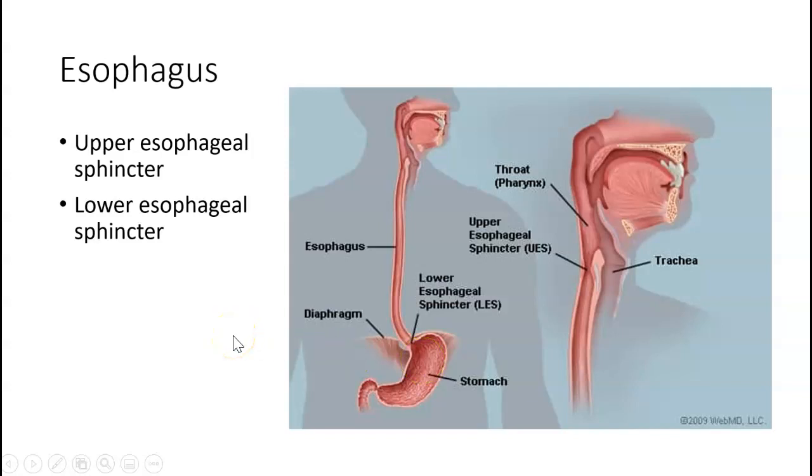The esophagus is a muscular tube. It is approximately 10 inches in length, so just short of a foot. It's located right behind the trachea, and it's a flexible tube, so it will be collapsed unless swallowing is occurring and food is moving down, and then it will be stretched or distended.